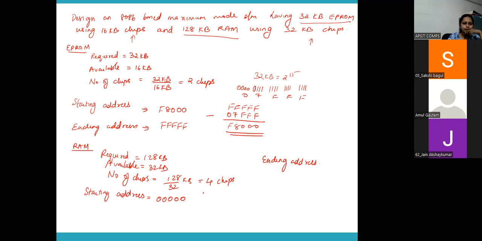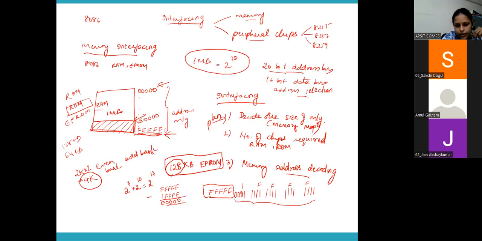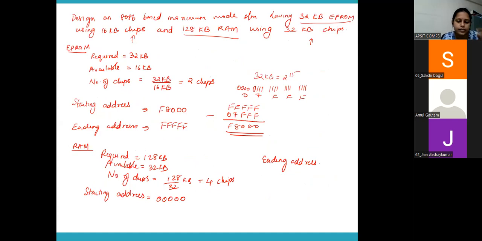It is 128 KB. 128 is how much? 2 power 17. So it will be 1FFFF, right? Yes. So that is the first step. You have to estimate the number of chips and starting and ending addresses.